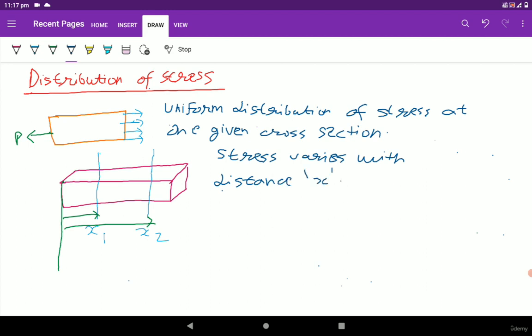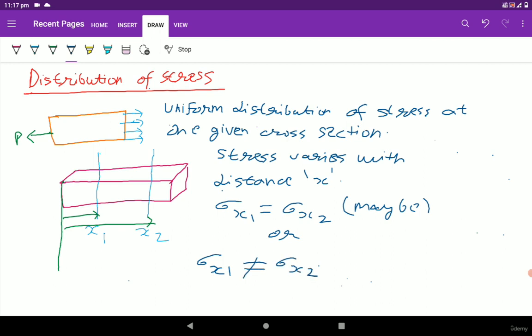So maybe sigma x1 is equal to sigma x2, or sigma x1 is not equal to sigma x2. So it is not fixed, because it generally varies with the distance x.